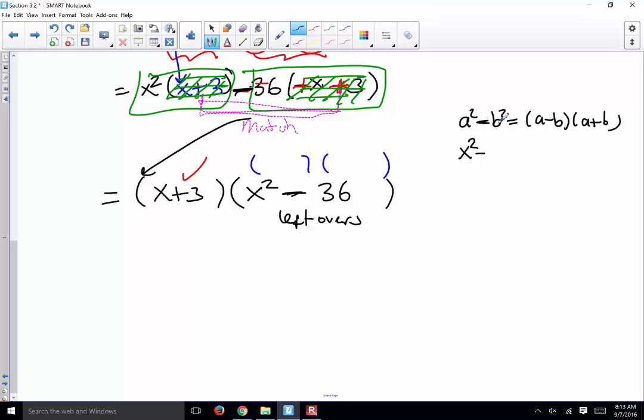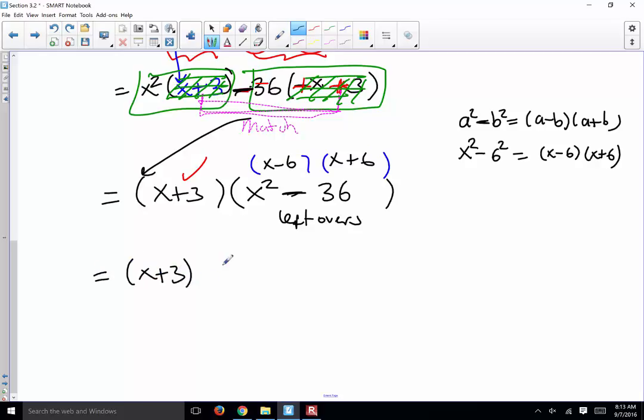How can I use this one? I need a square in the second term, right? There is a square, right? Isn't that 36, 6 squared? So this is x minus 6, x plus 6. You take the square root of each term, and then once you put minus, once you put plus. So x minus 6, x plus 6 is the answer here.